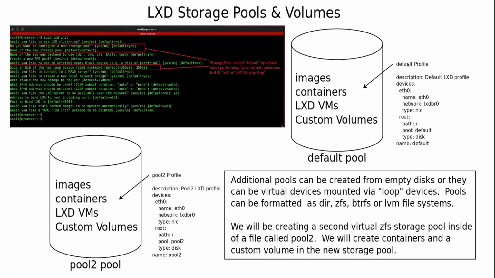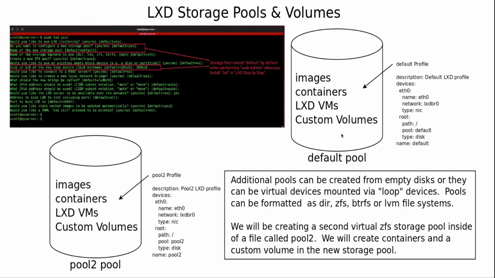And the default profile that is used for the default storage pool contains a definition of the Ethernet device, as well as the fact that there is root file storage, and this is disk storage, and it points to the default pool.